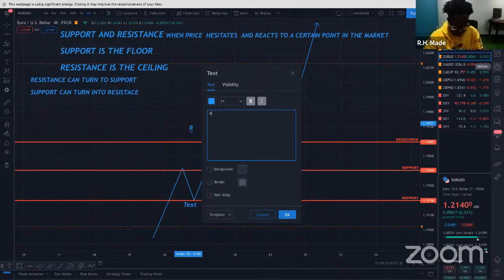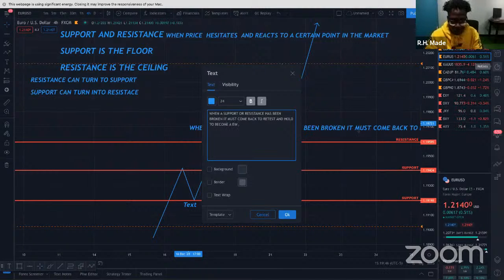So when a support or resistance has been broken, it must come back to retest and hold. Test and hold to become a new support / resistance.